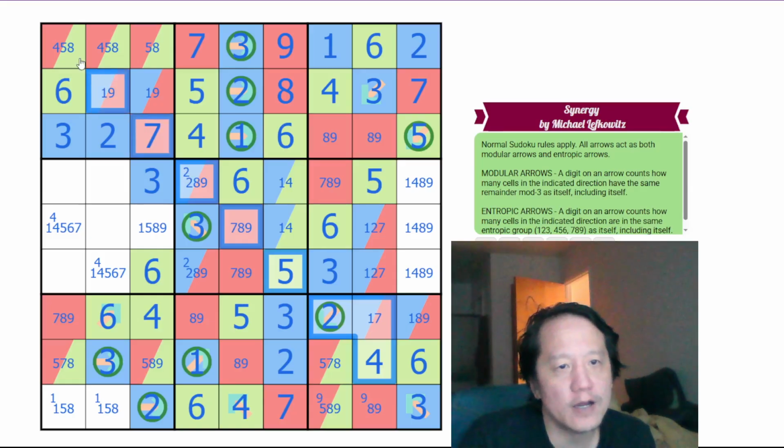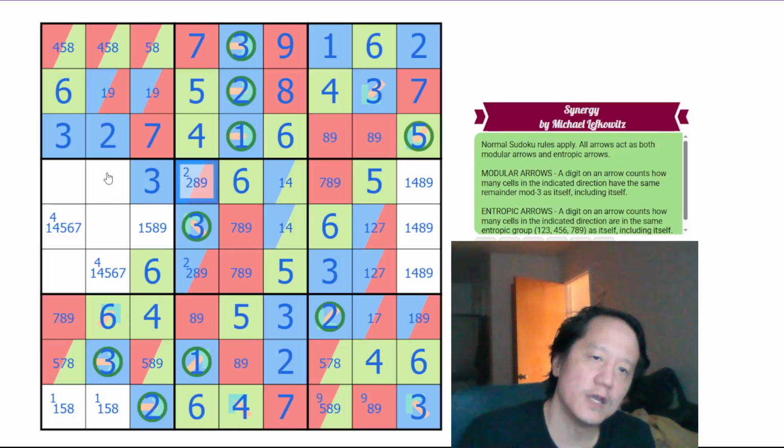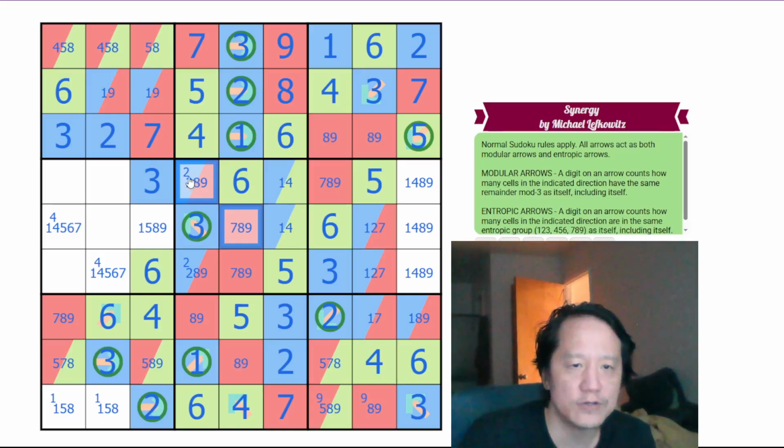We either have a 9 here. We need one more low, so either this is 1 or this is 2. And we need a 9 on this diagonal. So either this is 9 or one of these is 9. But that doesn't help us much.